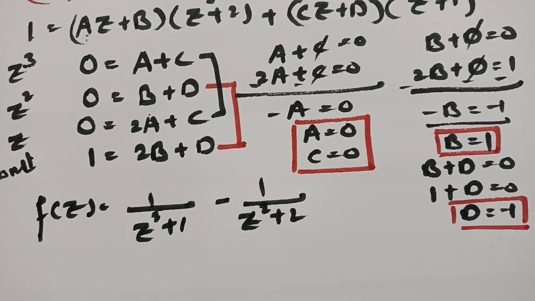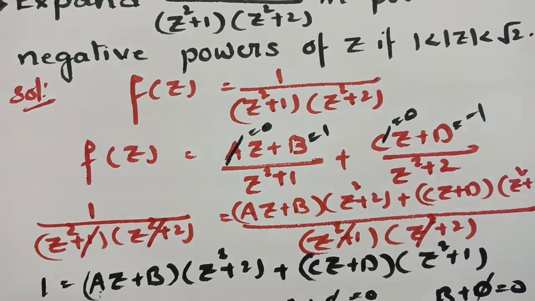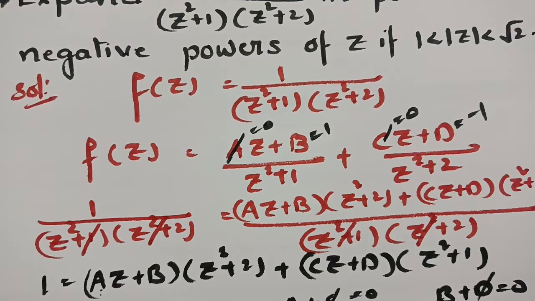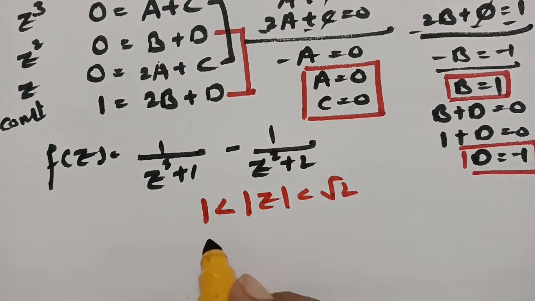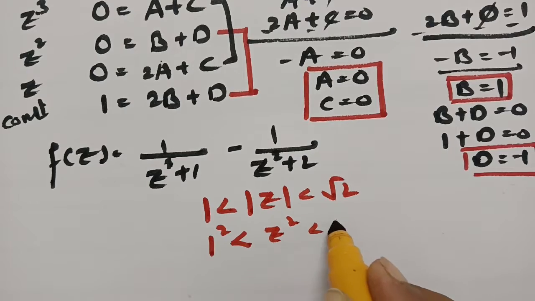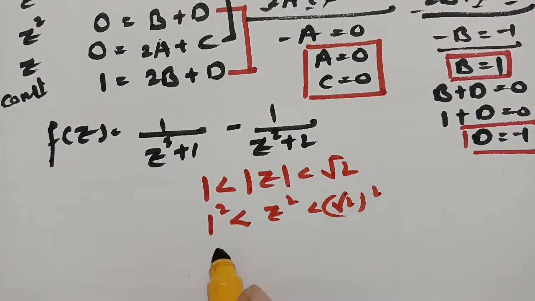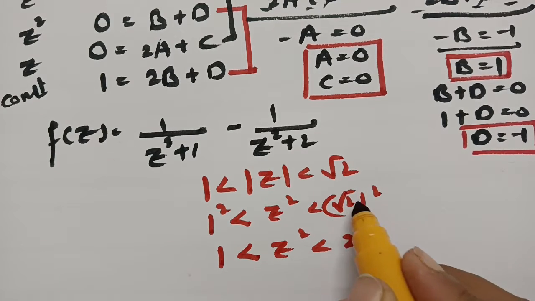Now what is the region given? This is 1 less than mod z less than root 2. If I square throughout the inequality, that is 1 square less than mod z square less than root 2 square. So this will be 1 less than mod z square less than 2, since the root and square got cancelled.